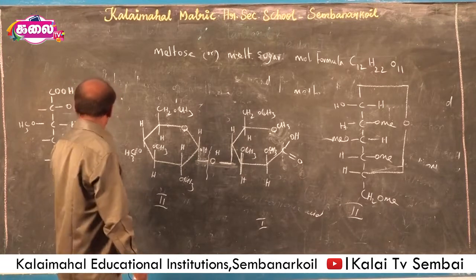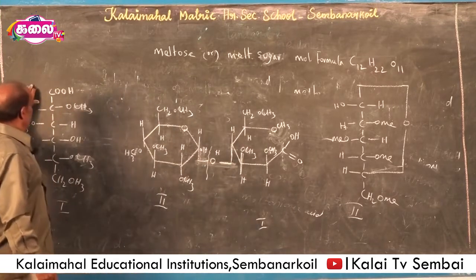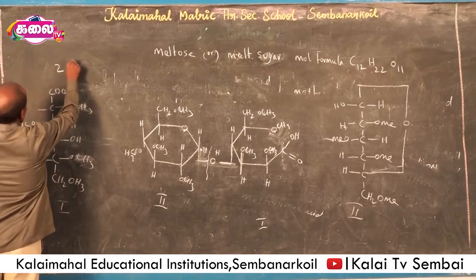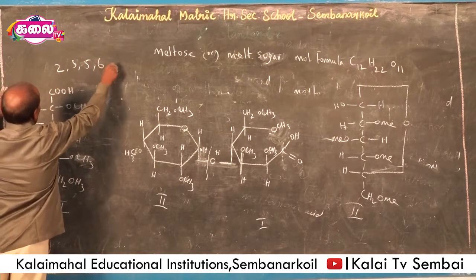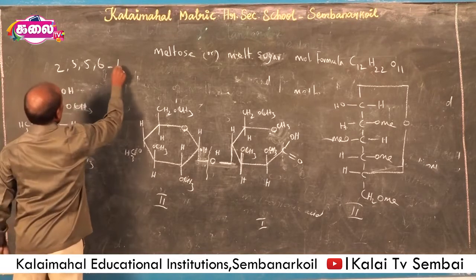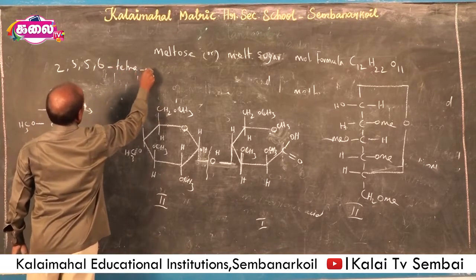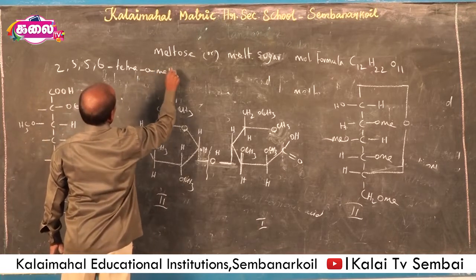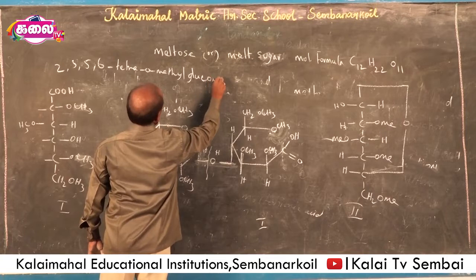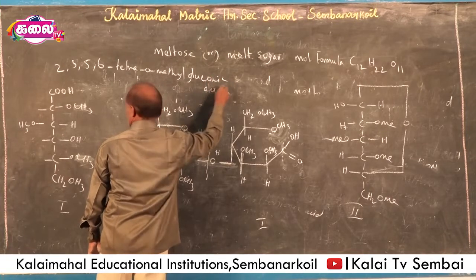Product 1 is 2, 3, 5, 6-tetra-O-methyl gluconic acid. This is structure 1.